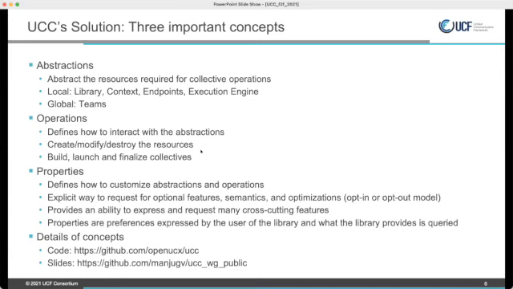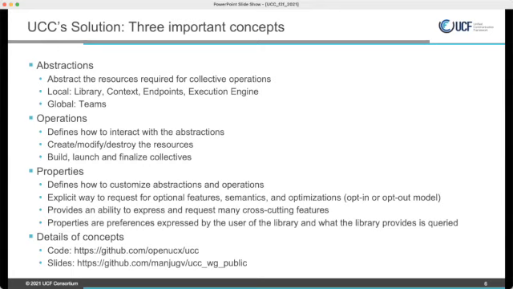As I mentioned, we wanted to provide a way to customize many of the semantics. The way we achieve this is through properties. This provides a way to customize both the abstraction and the operations. As I go through some of these abstractions, you will see the examples. We wanted to define properties that are on a single abstraction, like library or context, or which are sometimes cross-cutting.